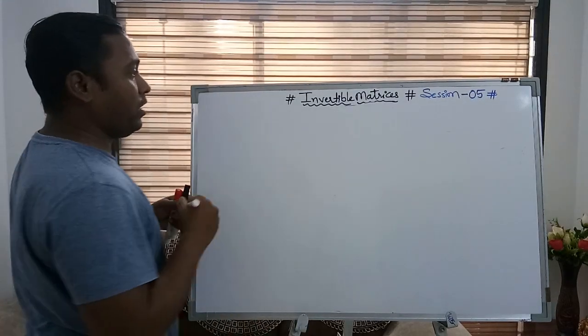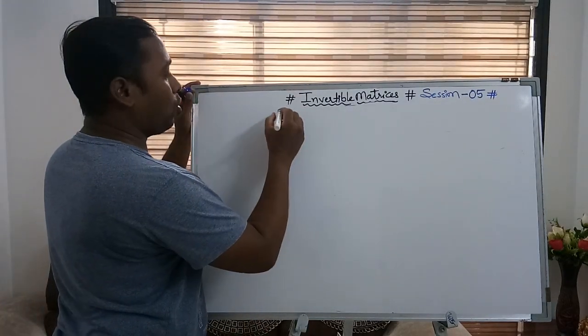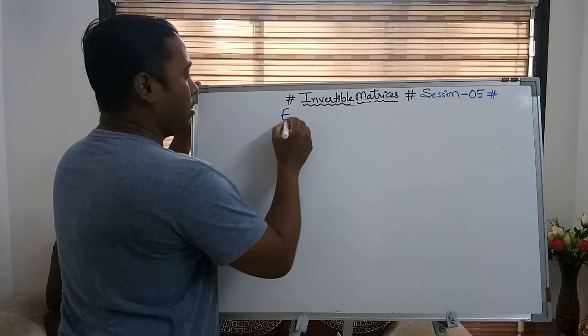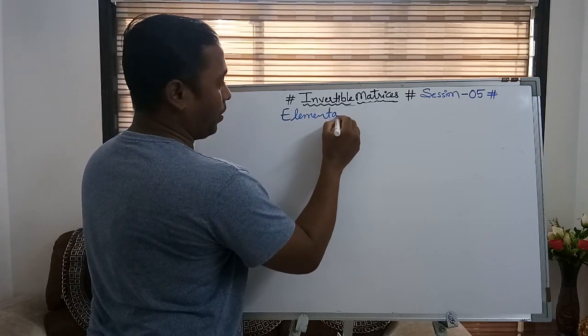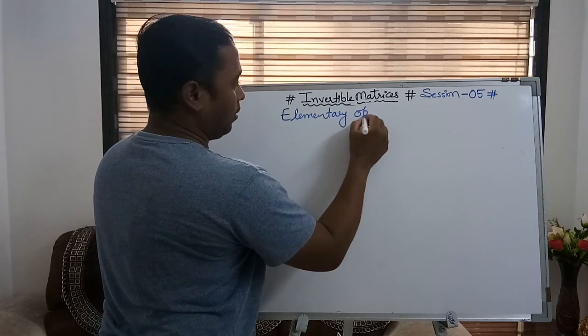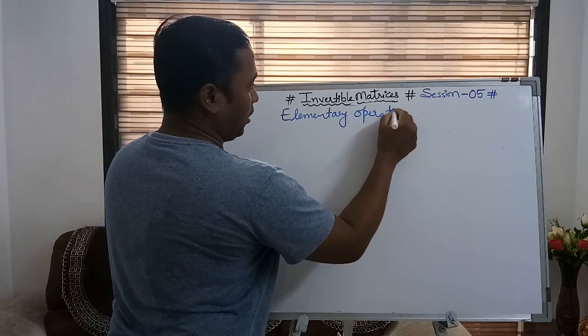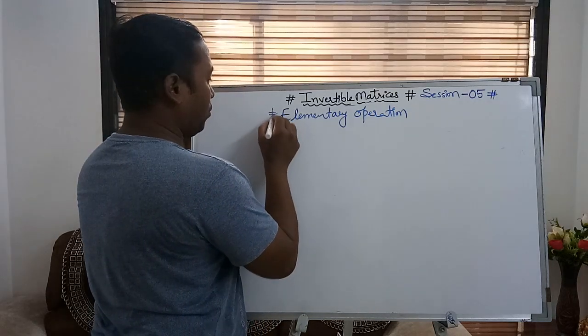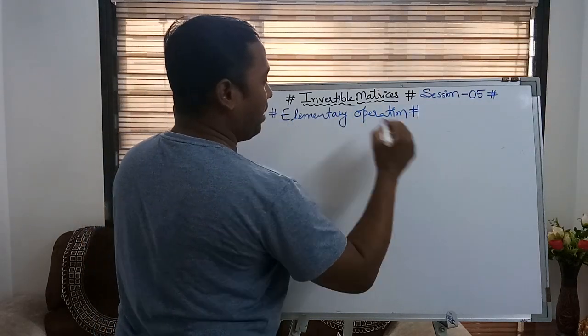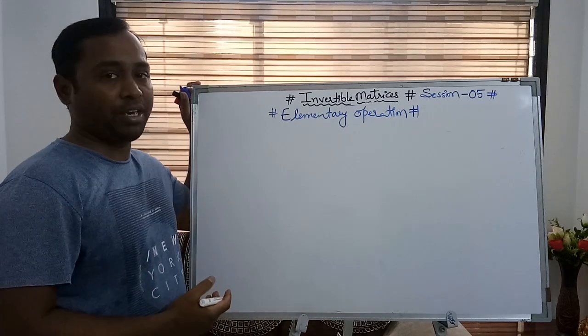So we are dealing with the elementary operation method. Remember the name, elementary operation, technique we can say. So how can we apply this elementary operation, what does it say?